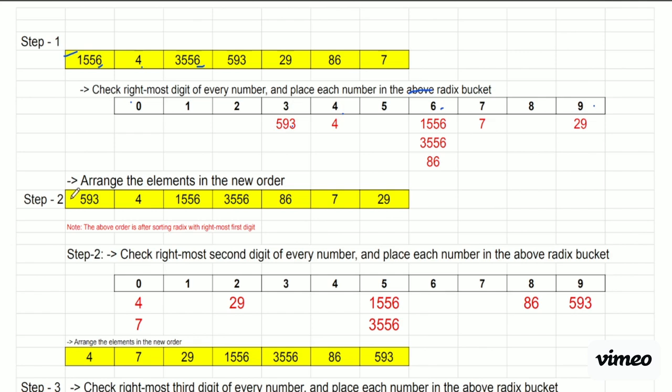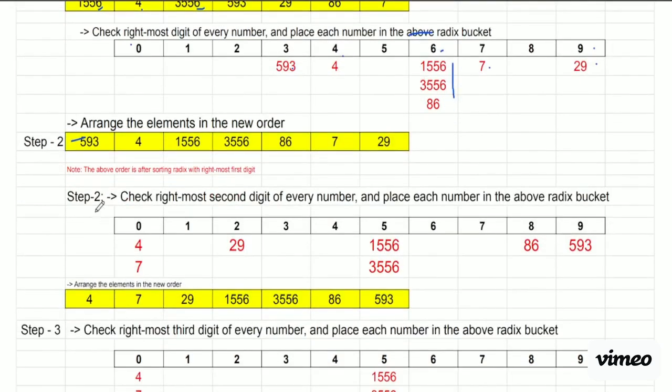We start from 593, then we go to 4, then 1556. We move down in that order: 3556, 86, then we move on to 7, and then 29. So we write this in the new order.